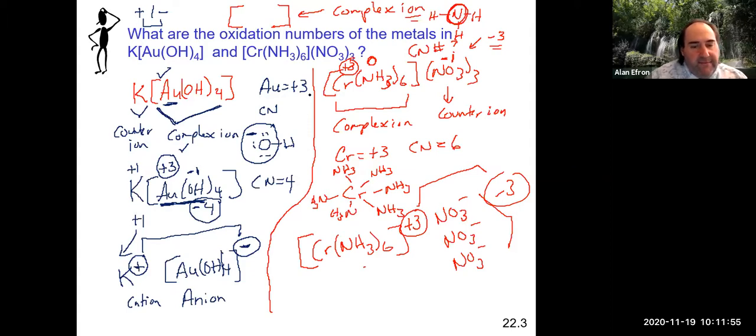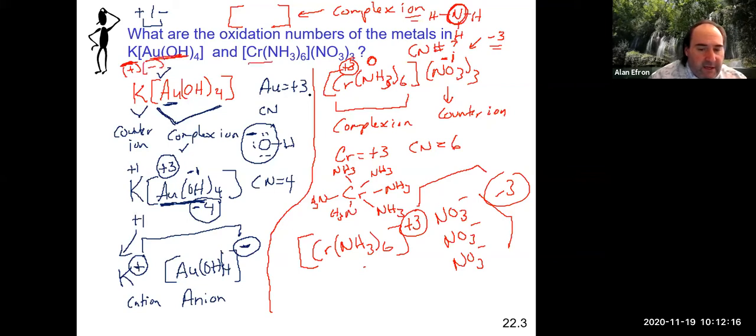So even from just looking at the coordination formula, you could determine whether your complex ion is positive or negative. In the first example, our counter ion comes first, so that means that's positive. The complex ion comes second in the formula, so that's going to be negative.